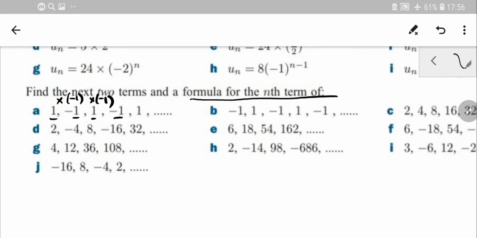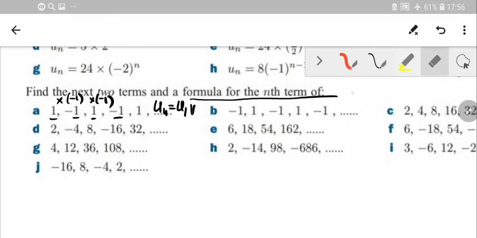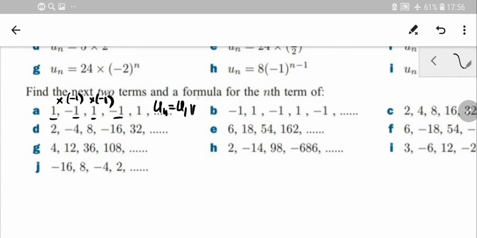So the general term for the sequence can be expressed as, just remember for a geometric sequence, u1 r to the power n minus 1. So the full formula for the nth term is u1, that's 1, times the ratio -1 to the power n minus 1. Can we simplify?